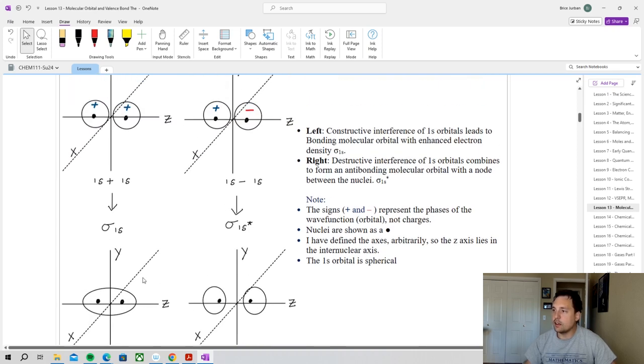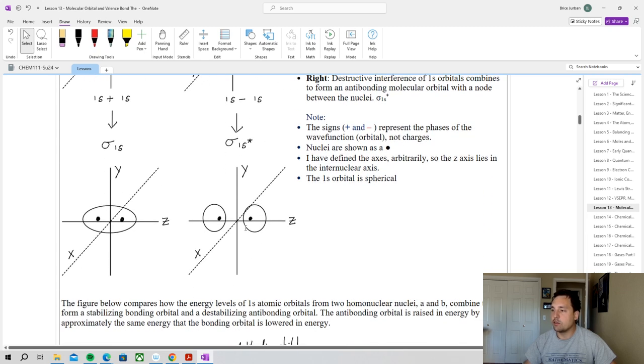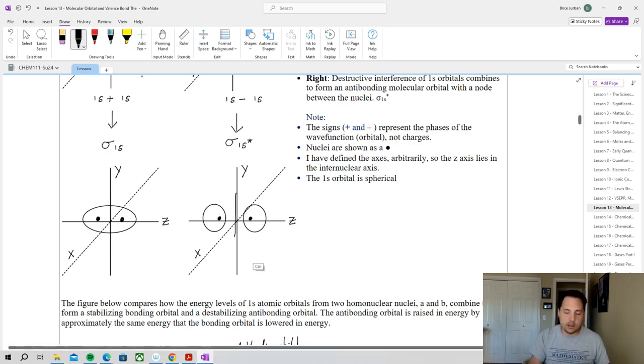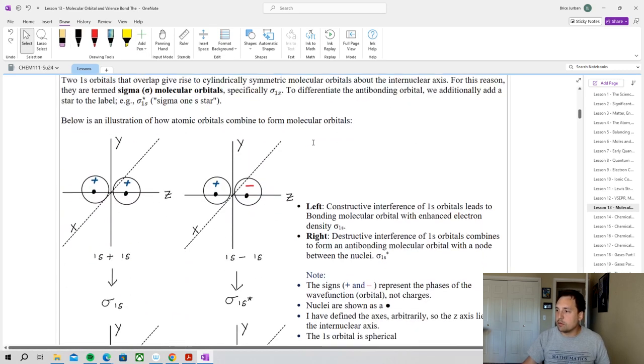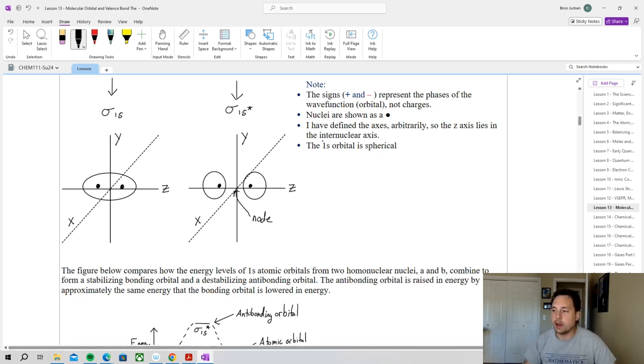And then if they destructively interfere, so if I have them out of phase and they come together, it results in a decreased probability right here in the middle. So there's a node that occurs right here. So there's decreased probability in the location where the bond would normally form.